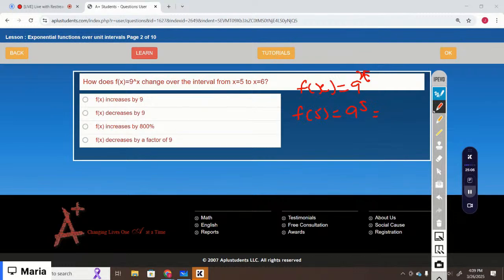So 9 exponent 5 is 9 times 9 times 9 times 9 times 9. That is 59,049. Then you have f of 6, that is 9 exponent 6.